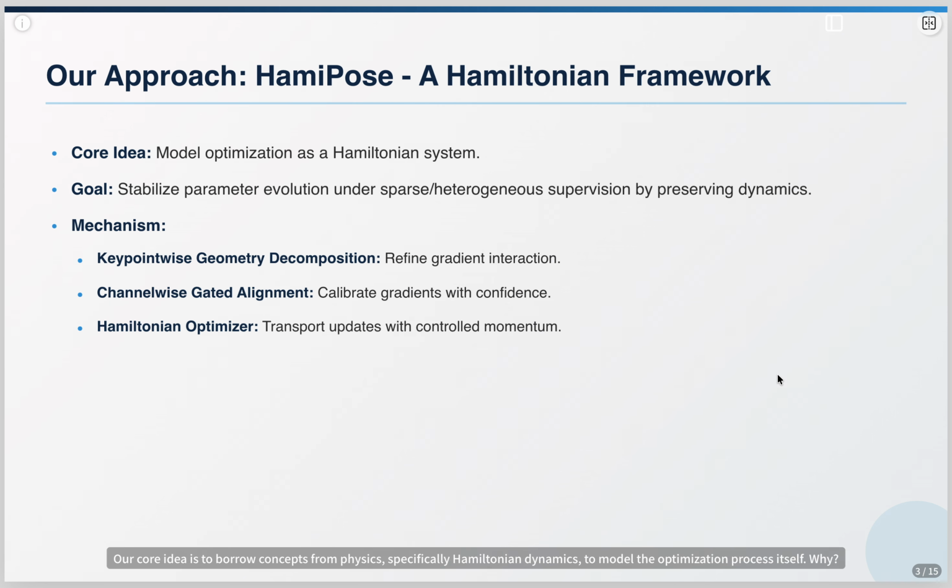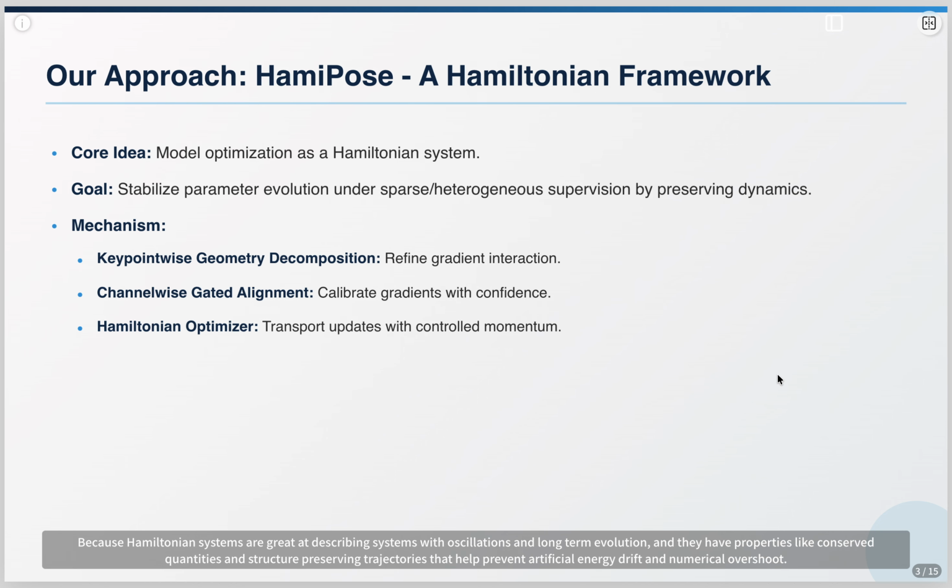Our core idea is to borrow concepts from physics, specifically Hamiltonian dynamics, to model the optimization process itself. Why? Because Hamiltonian systems are great at describing systems with oscillations and long-term evolution, and they have properties like conserved quantities and structure-preserving trajectories that help prevent artificial energy drift and numerical overshoot.